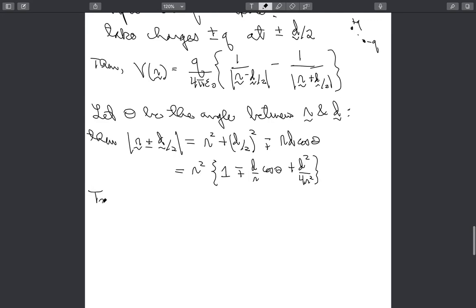Now if I take that r is much bigger than d, I can approximate this.